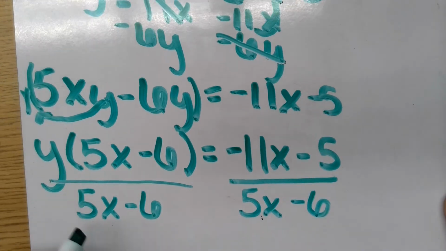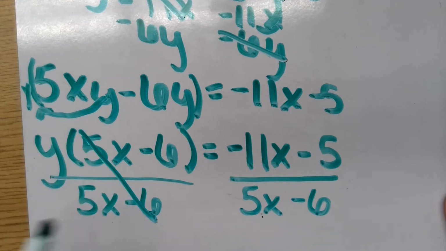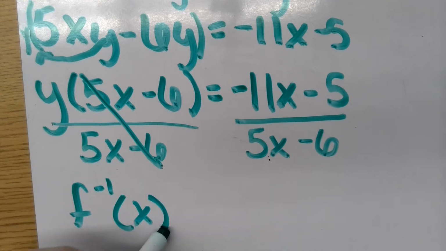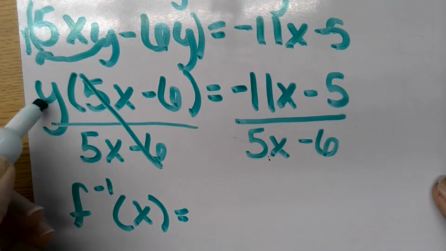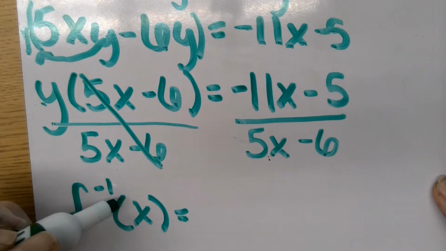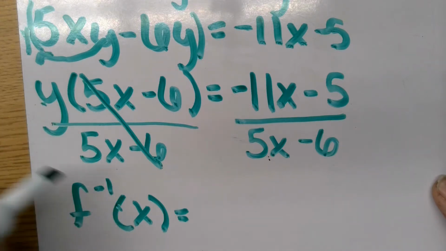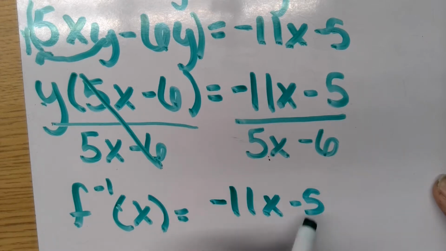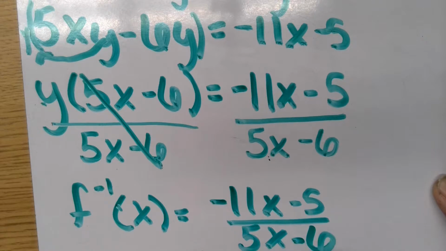Okay, this cancels out, and my inverse is going to be f negative 1 of x equals, I changed this back to that inverse, so f negative 1 of x equals, that's where that y went, then negative 11x minus 5 all over 5x minus 6.